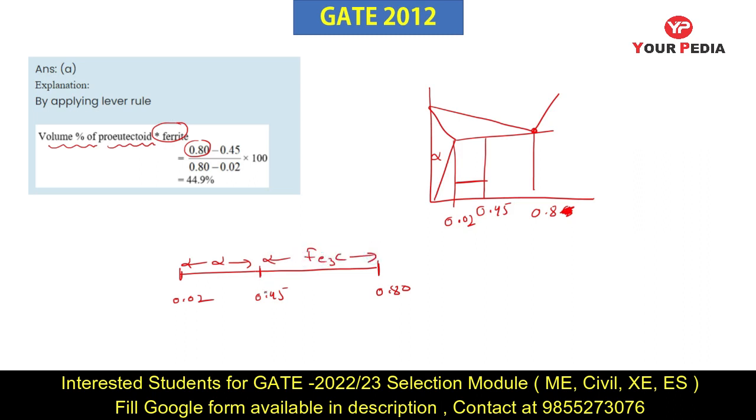Now we have to calculate the pro-eutectoid alpha. The alpha rich region is this, so we have to take the opposite region, that is the difference of 0.80 minus 0.45 divided by the total, that is 0.80 minus 0.02, into 100 to calculate the percentage. So 44.9% of pro-eutectoid alpha is there.